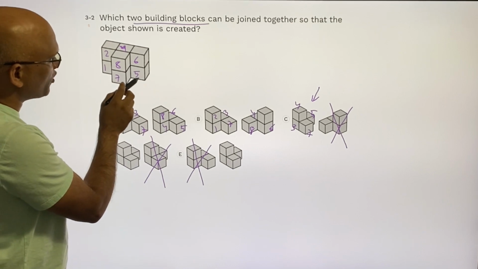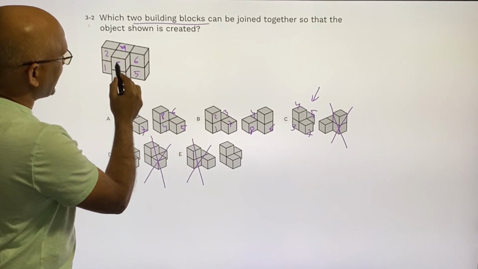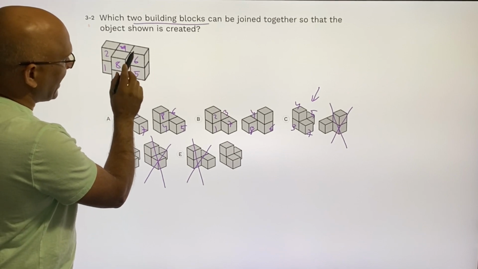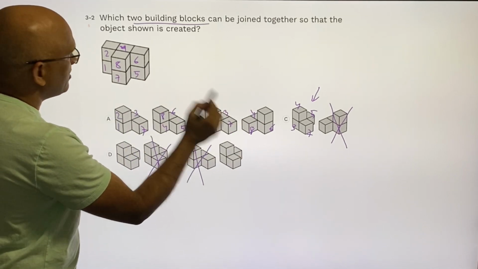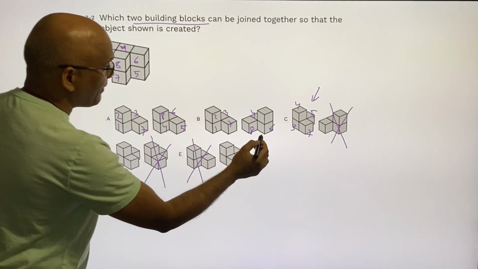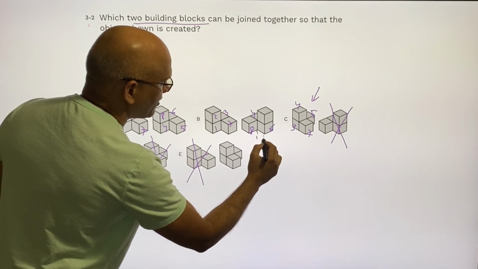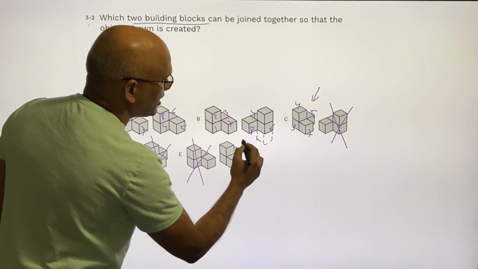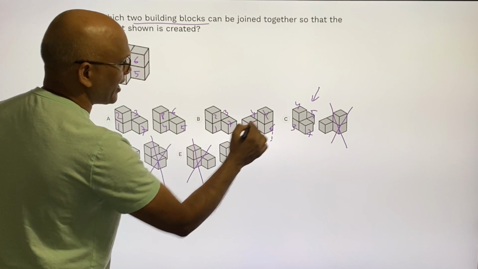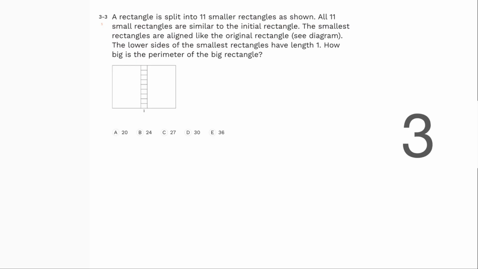I needed something on the bottom, right? This is 4 and 8, 6 is touching 4, and then, sorry, the 5 should have been here, right? This should have been 5, not this, right? So this is also not going to work. Then A is the correct choice.